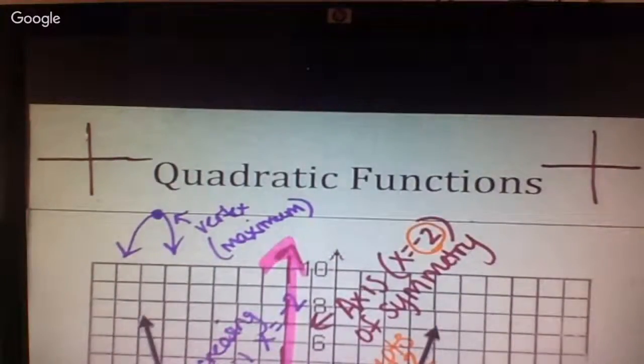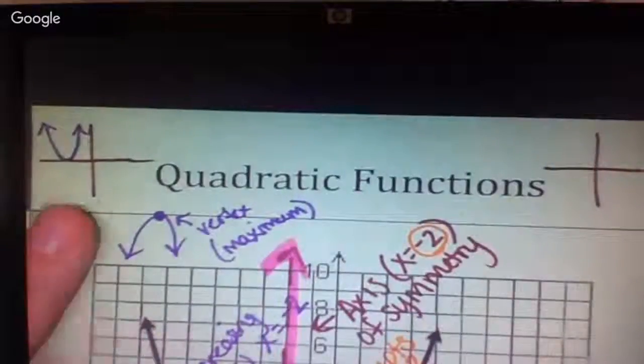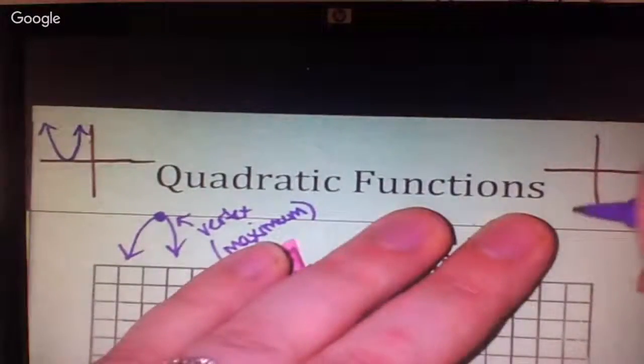On this first one, I want you to draw a parabola that does this. And on this one, I want you to draw a parabola that does this.